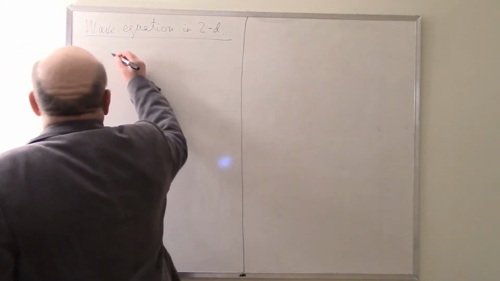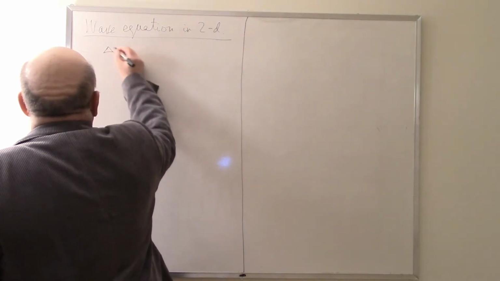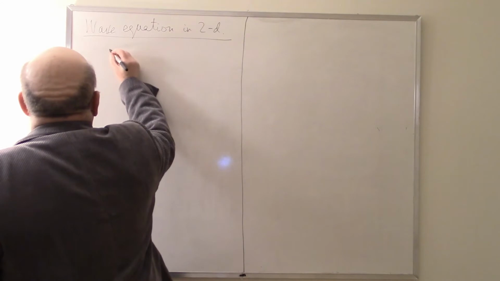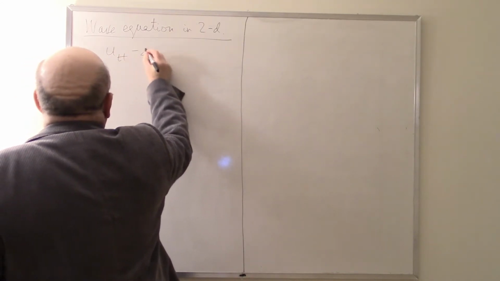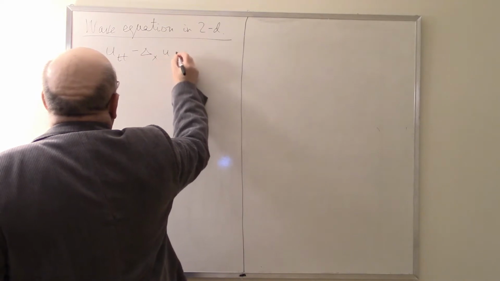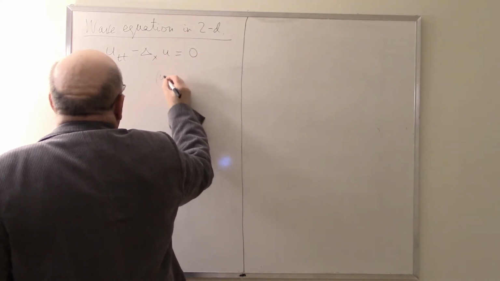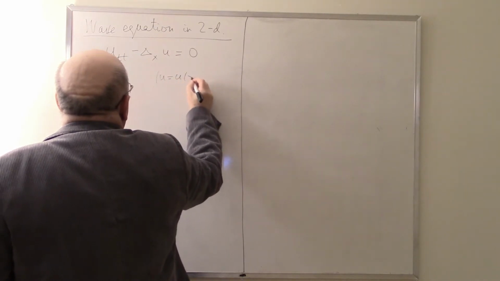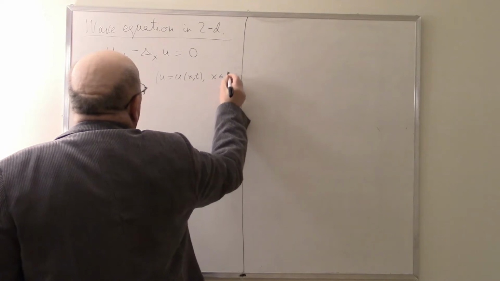So our problem is the following: u_tt minus Laplacian_x u equals 0. Here u equals u of x, t, with x in R2.